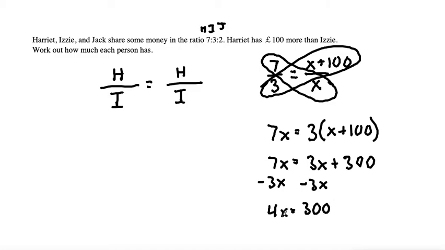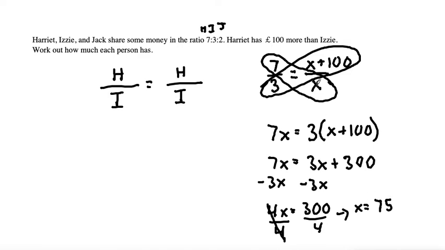And to finish getting x by itself, we need to divide both sides by 4, since it's currently multiplied by 4. That cancels out the 4s, and it gives us x is equal to 300 divided by 4, which is 75.